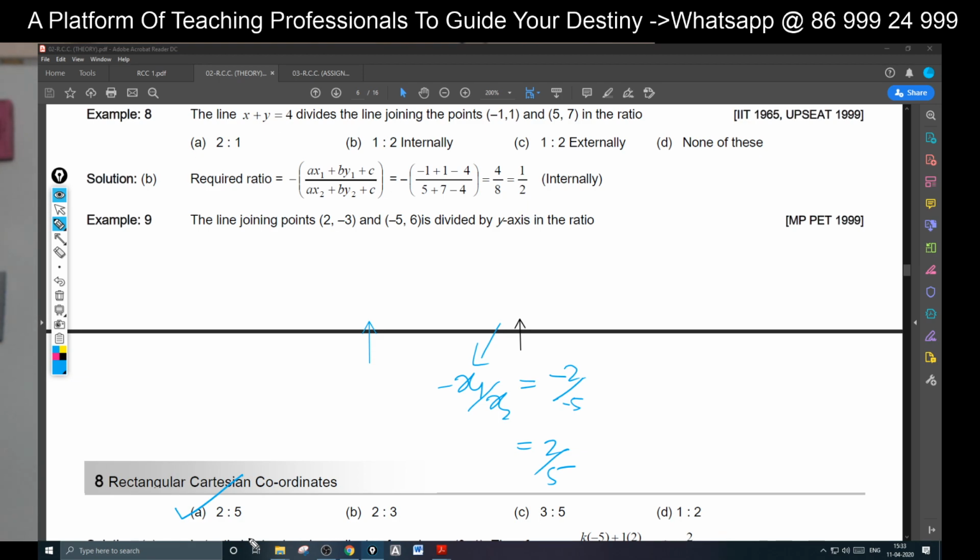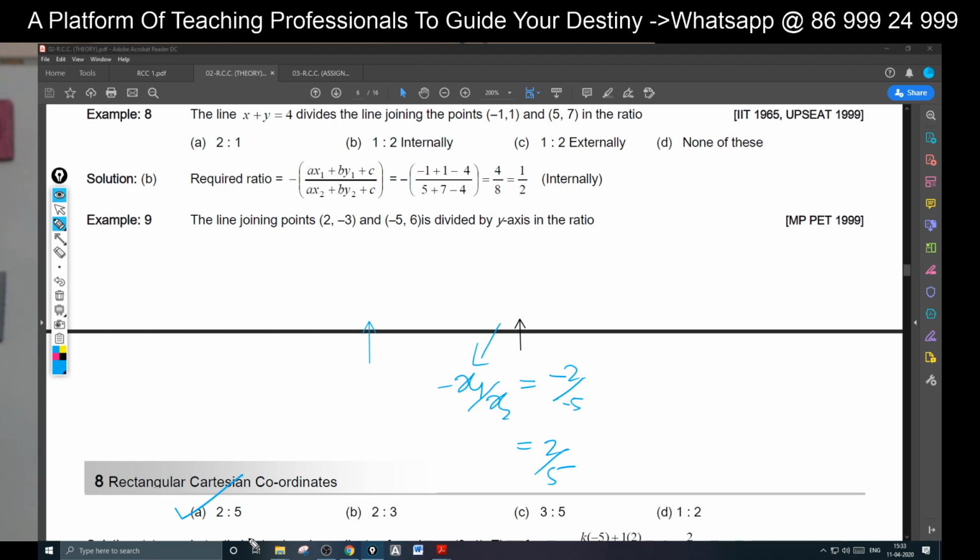Yes, respond. No, minus y1 is to y2, no?